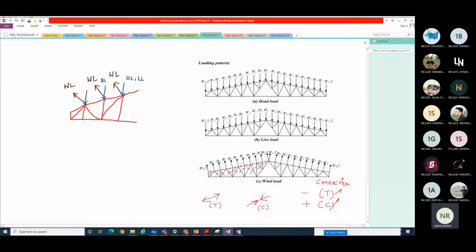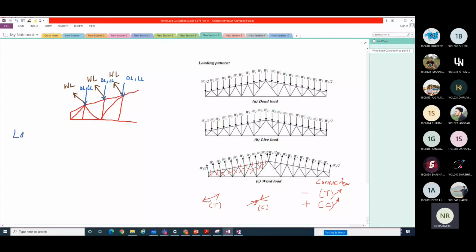Right. Now the code has given the load combination, right? Because all these loads you are not considering acting in the same way. So what we can do is go for the load combination, right?